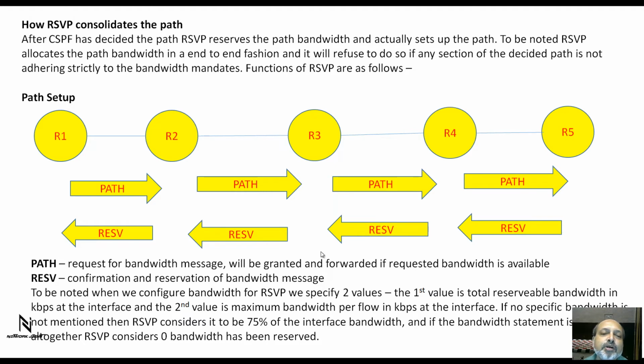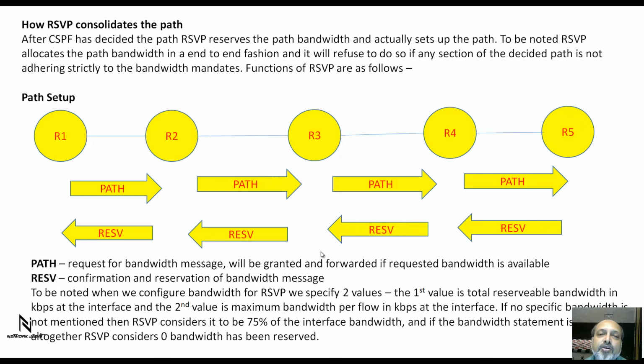Why? Because RSVP is something which always works in an end-to-end fashion. So this is a site engineer who is always interested to work from one end to the other end, right? This particular site engineer will not be satisfied if you give it certain small sections to work with.